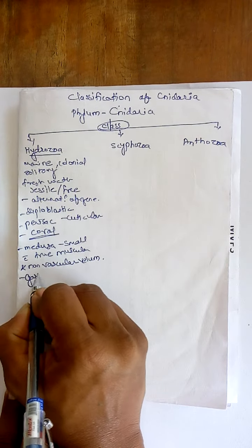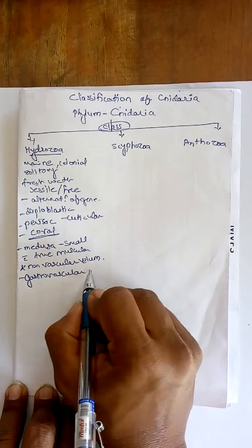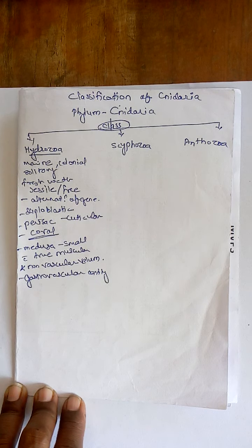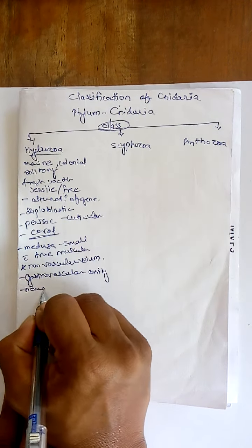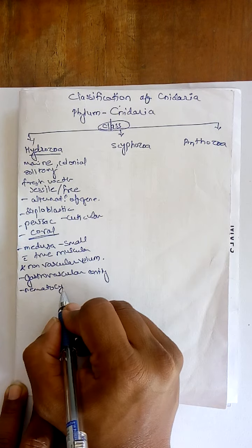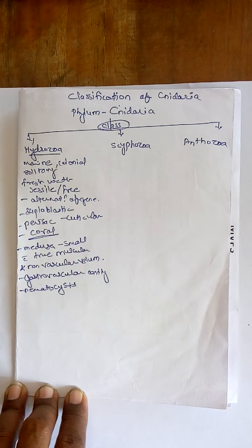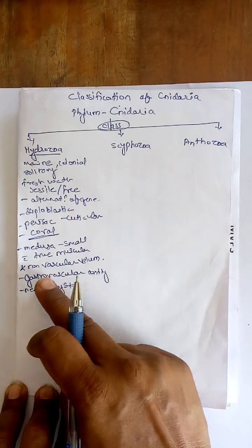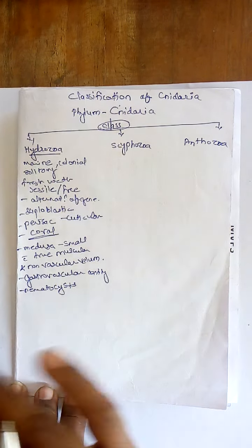The gastrovascular cavity is present in a very simple form, not divided by vertical partitions, meaning mesenteries. Then the nematocytes, the cells which are responsible for, or act as, a simple form of sensory organ, are present on the ectoderm and on the tips of the tentacles.